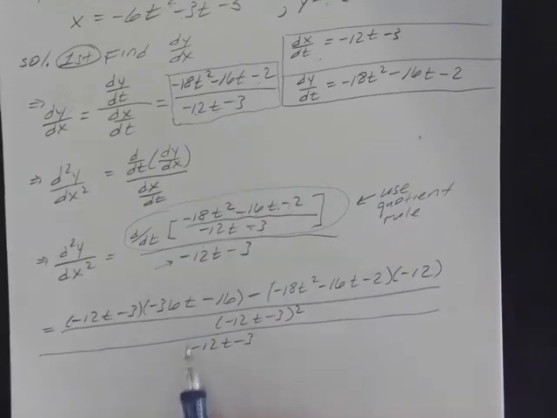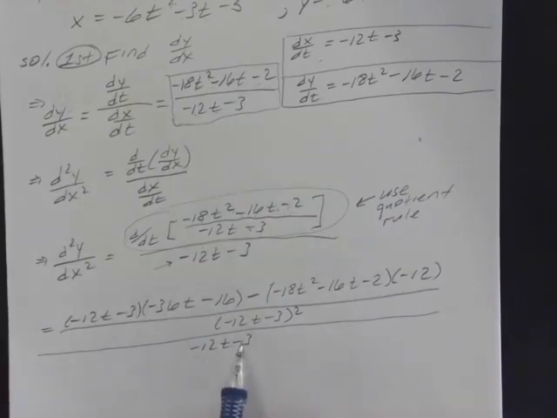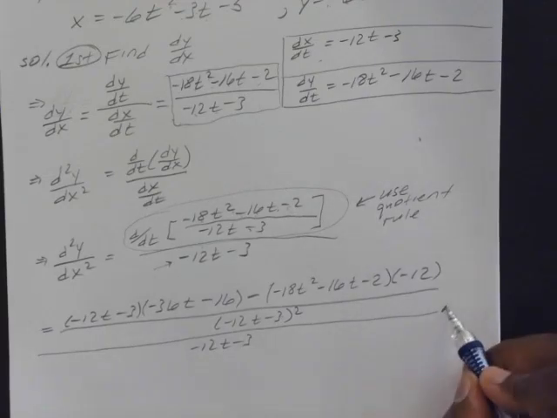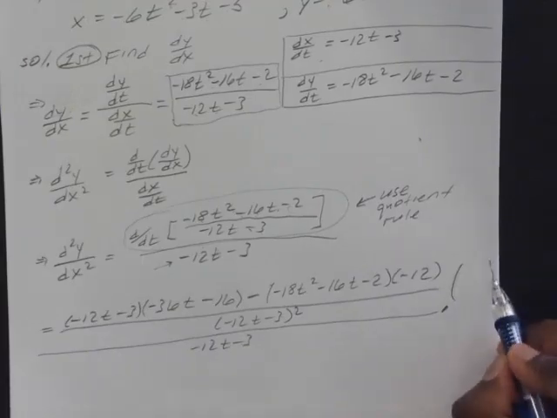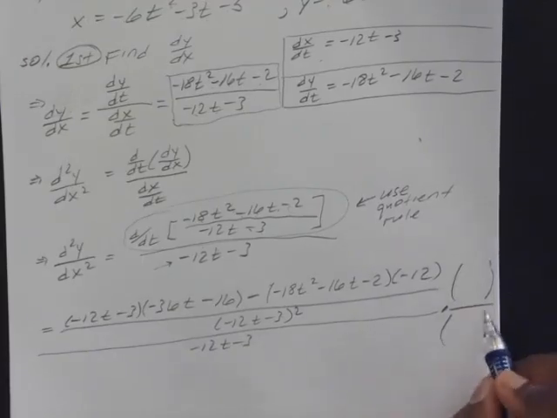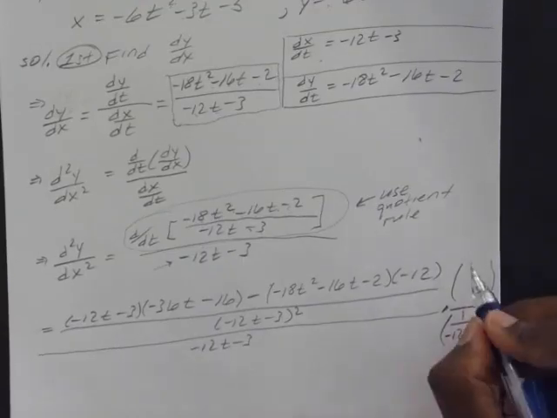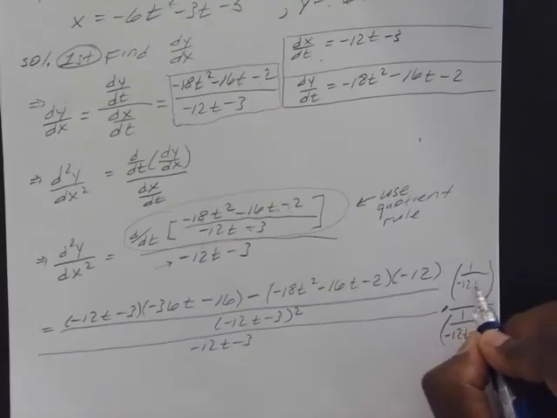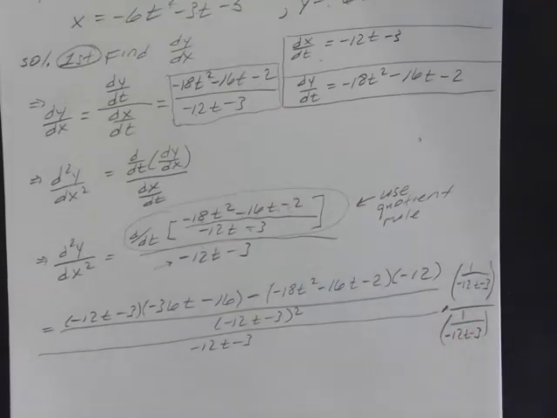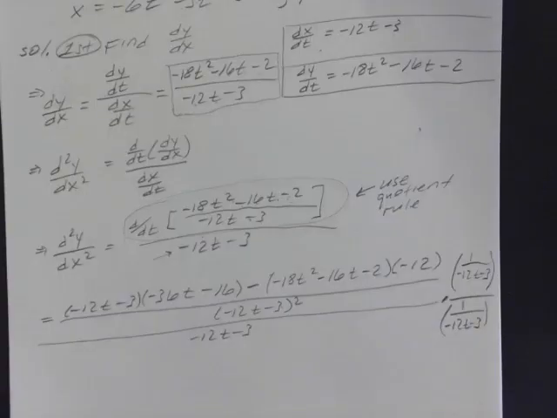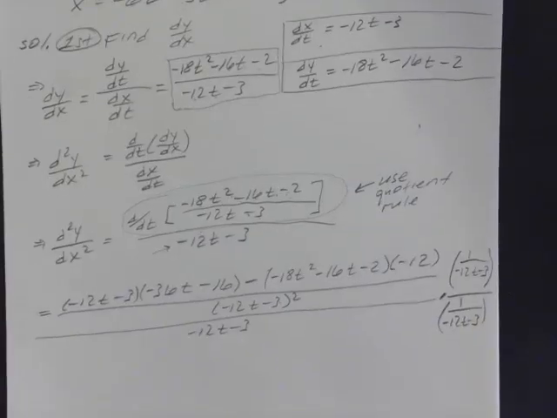Okay, but we can simplify this by just combining this negative 12t minus 3 with this denominator. And all we have to do is multiply the numerator and denominator by 1 over negative 12t minus 3. If you multiply these two, they just cancel each other out and give you 1.